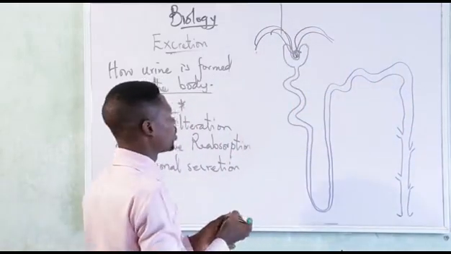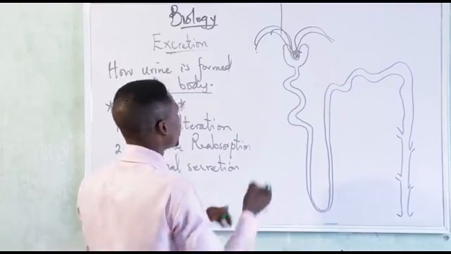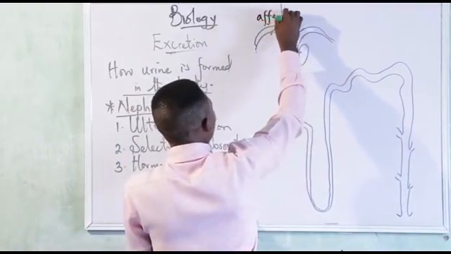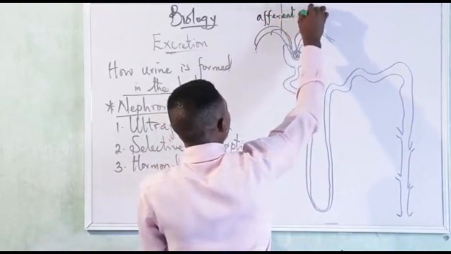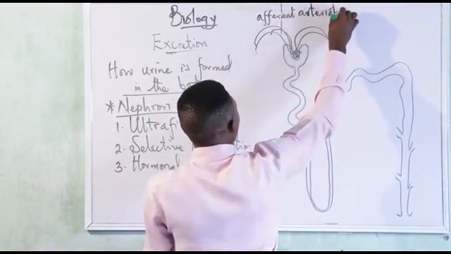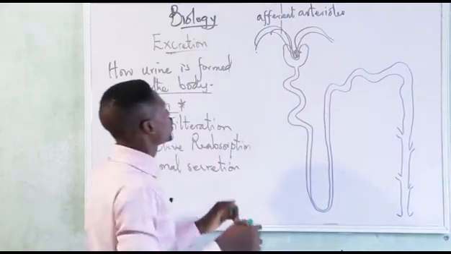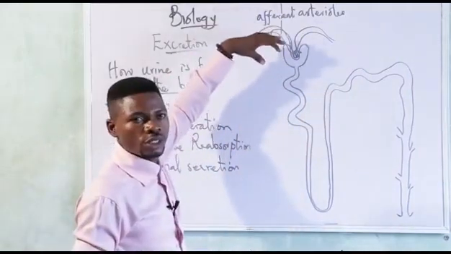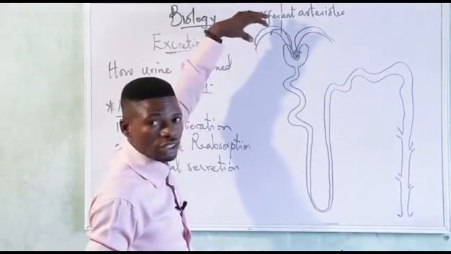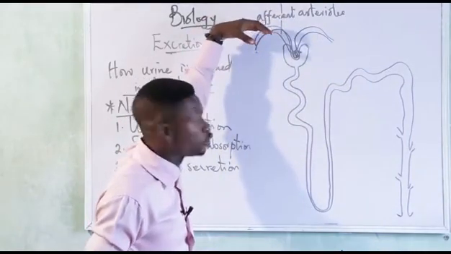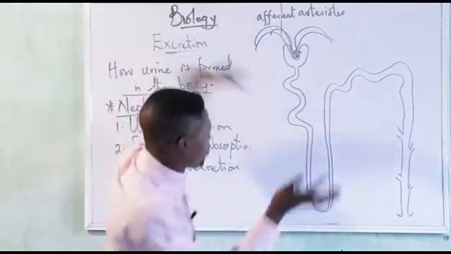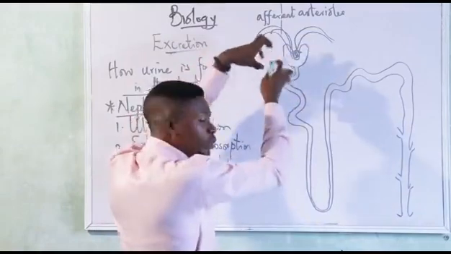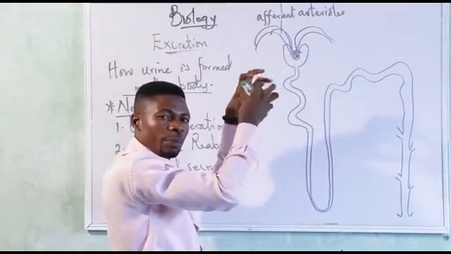Okay, I'm going to tell you what all this is about. Now you have this as the afferent arteriole. This comes from the renal artery, bringing the blood into the kidney. Once it pumps in with its pressure and lands here, it forms a network of capillaries.